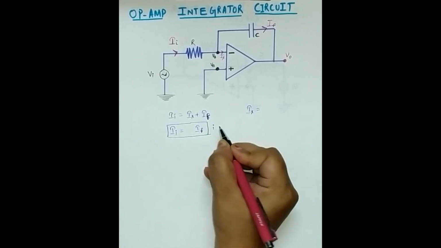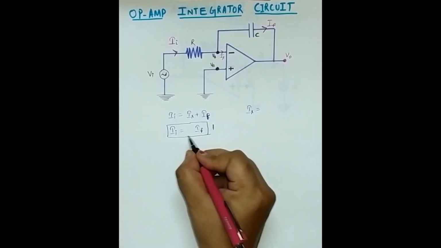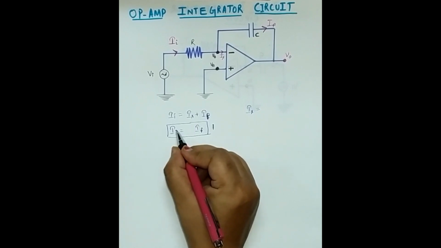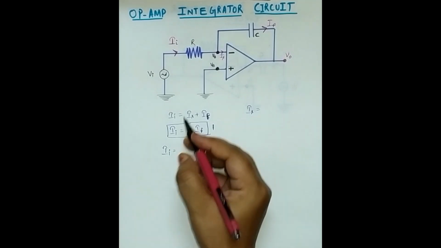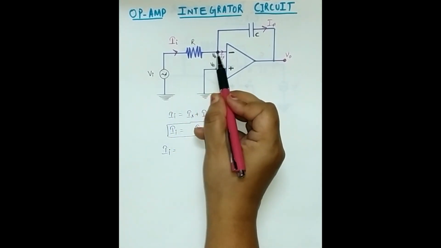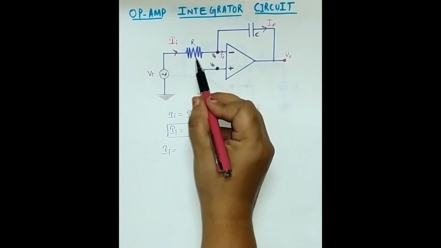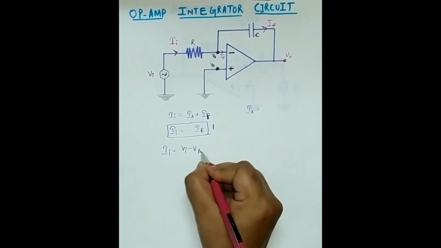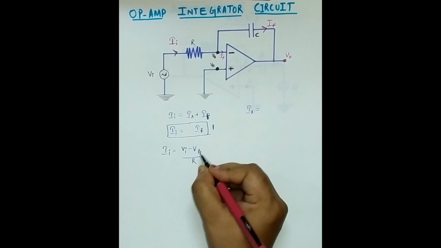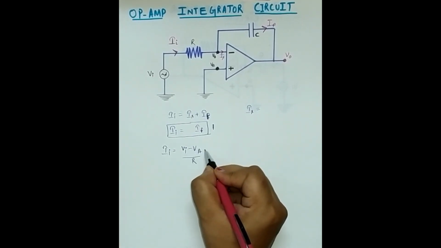Now let us write what will be the value of II. II will be equal to Vi minus Va divided by R. So what is the value of Va?